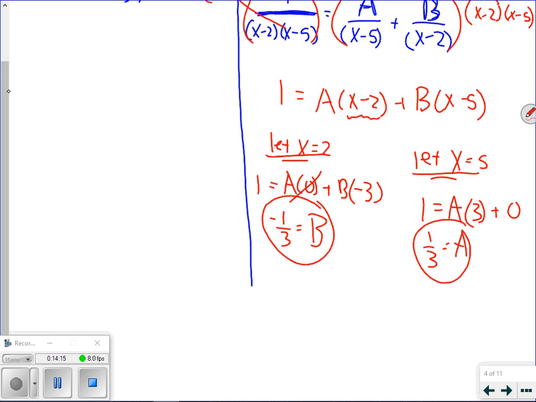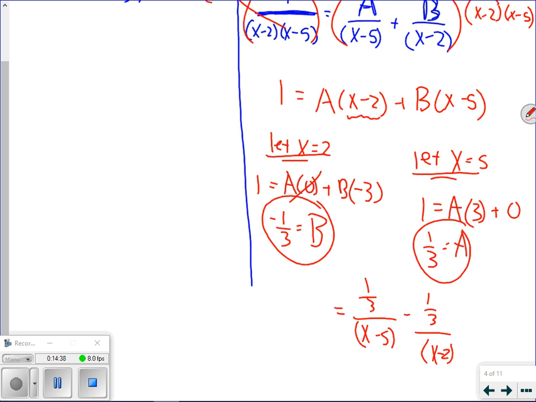A, we said, was 1/3 over x minus 5, and then plus B, so I guess we'll say minus 1/3 over x minus 2.